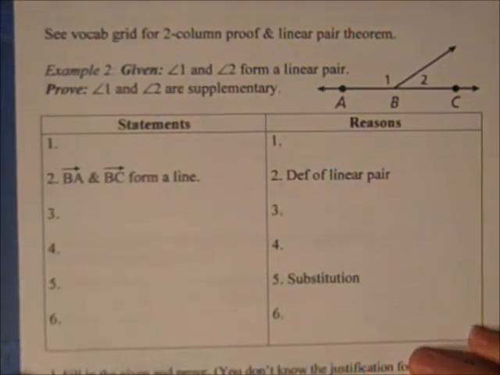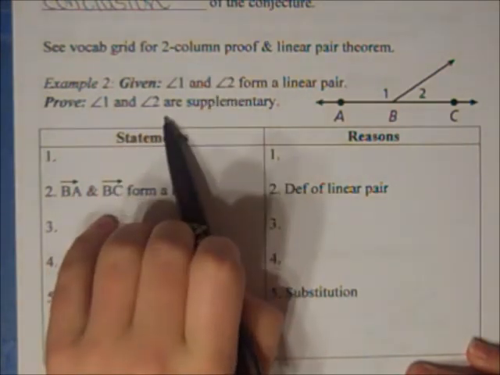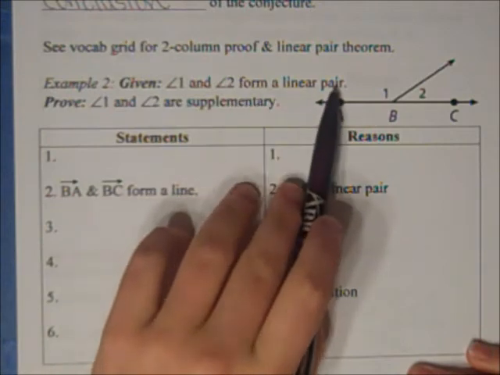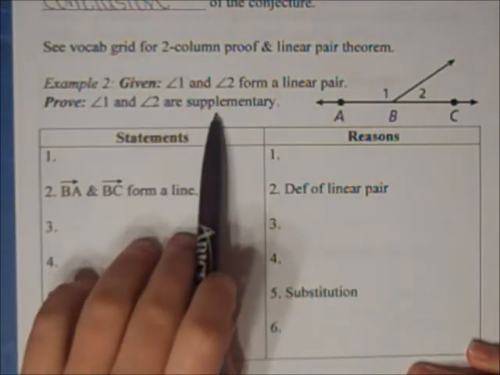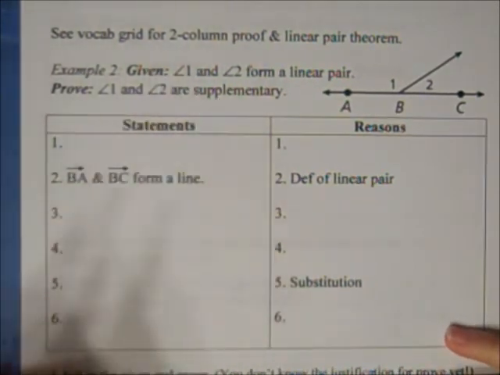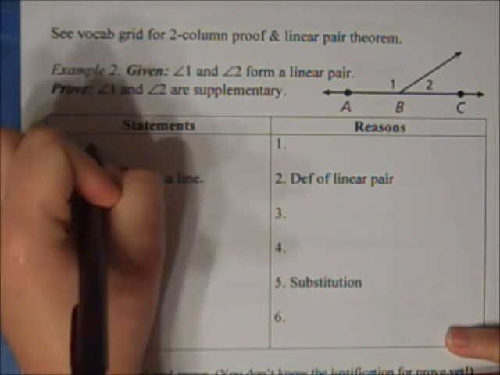So what you have here is your given and your proof statement, which is the hypothesis and the conclusion. You could reread this as, if angle 1 and angle 2 form a linear pair, then angle 1 and angle 2 are supplementary. Now, the easiest part of proofs is these two steps. The given will always be the very first thing in your proof on the left side.